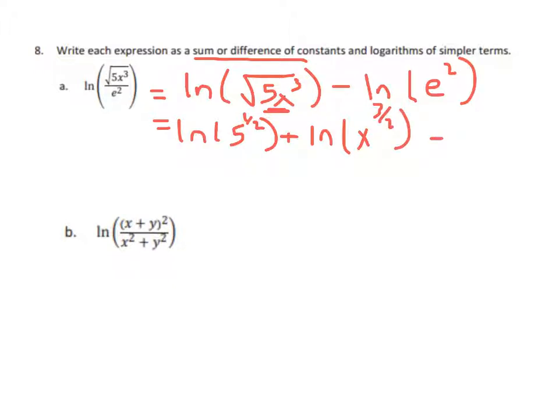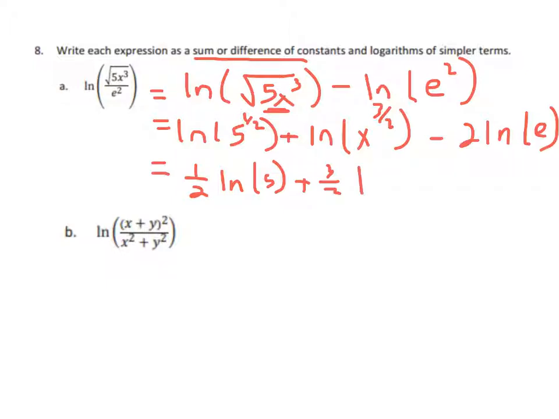And then minus, if you want, 2 times the natural log of e, if you want to put the 2 out in front. And then finally, I can rewrite it and put the half out in front. So I got half natural log of 5 plus 3 halves natural log of x.